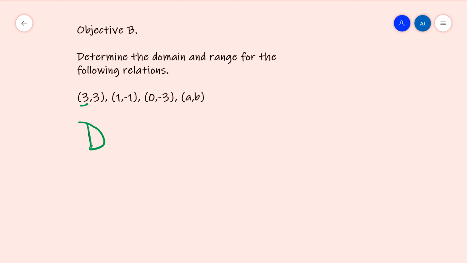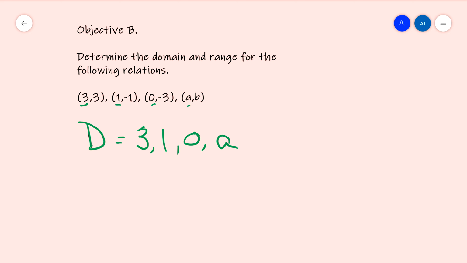So this is a 3, this is a 1, this is a 0, and this is a letter A. None of those are the same, so I'm going to have a function with the domain of 3, 1, 0, and A.